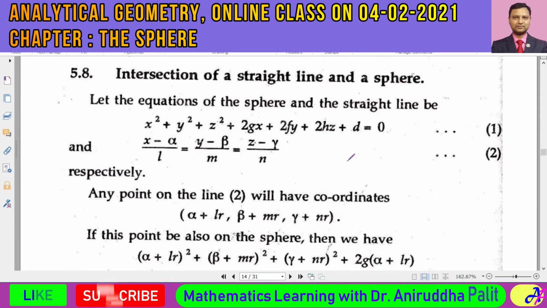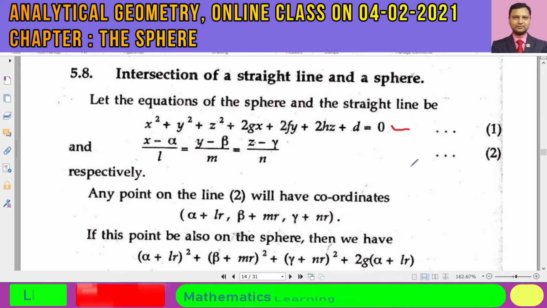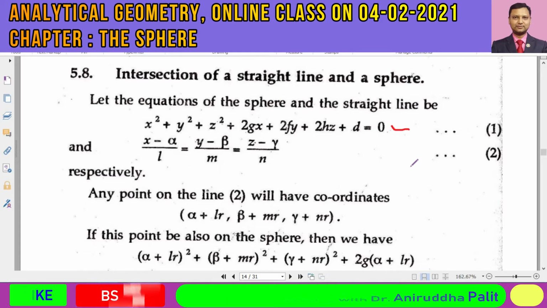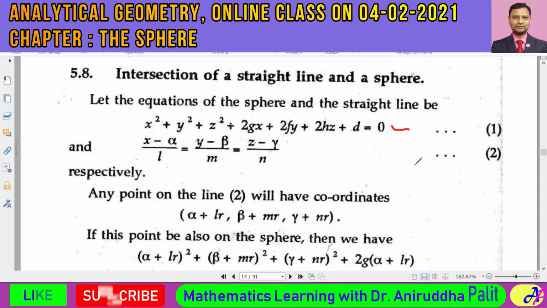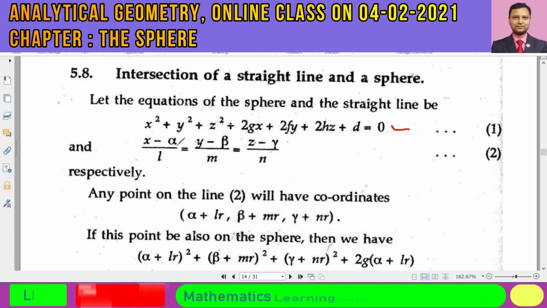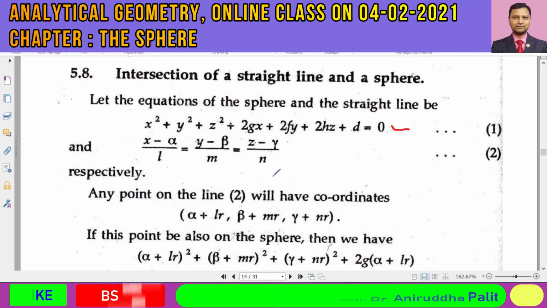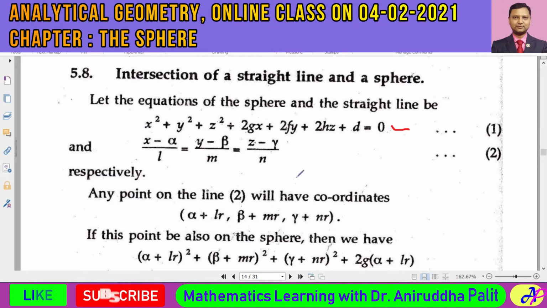Over here, we want to show that this kind of sphere will be intersected by a straight line at most at 2 points. Let us consider this kind of straight line: x minus alpha divided by L, equal to y minus beta divided by m, equal to z minus gamma divided by n.